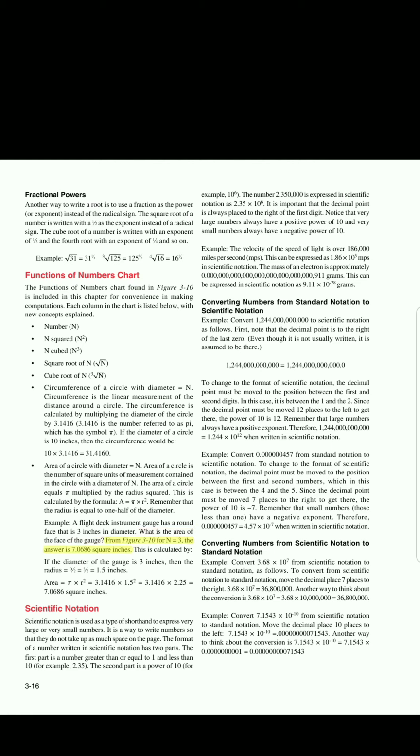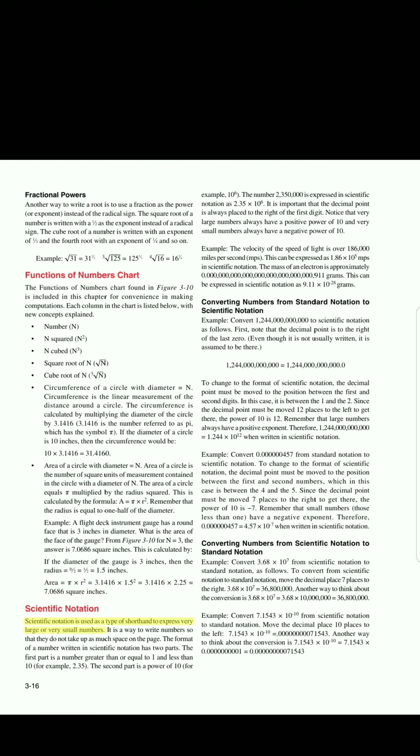From figure 3-10 for n equals 3, the answer is 7.0686 square inches. This is calculated as follows. If the diameter of the gauge is 3 inches, then the radius equals d divided by 2, which equals 3 divided by 2, which equals 1.5 inches. Area equals pi times r squared, which equals 3.1416 times 1.5 squared, which equals 3.1416 times 2.25, which equals 7.0686 square inches.